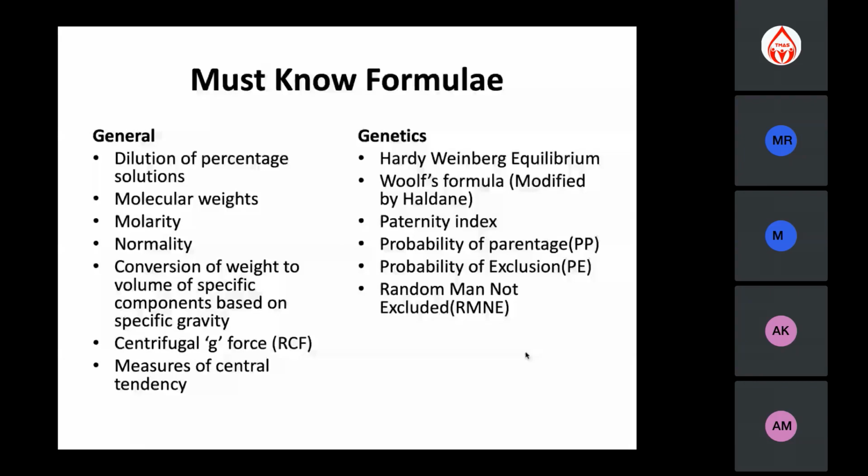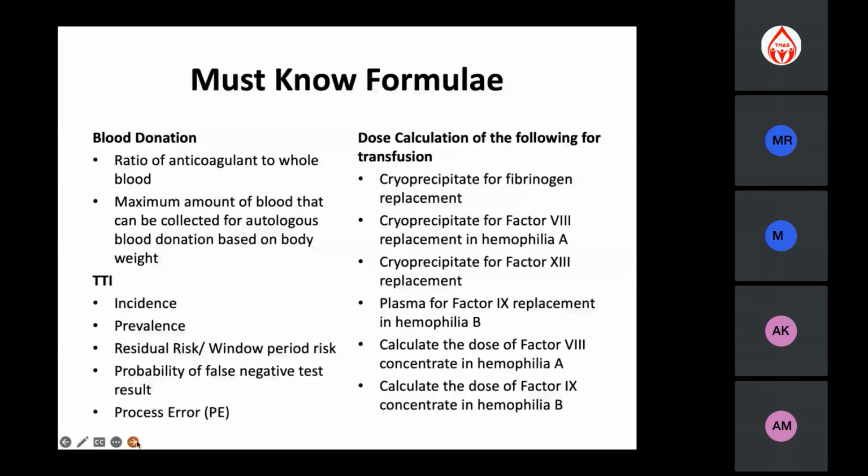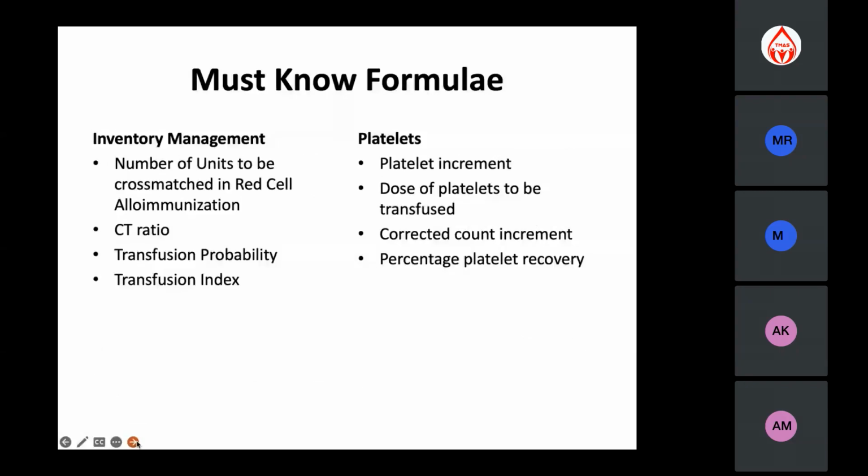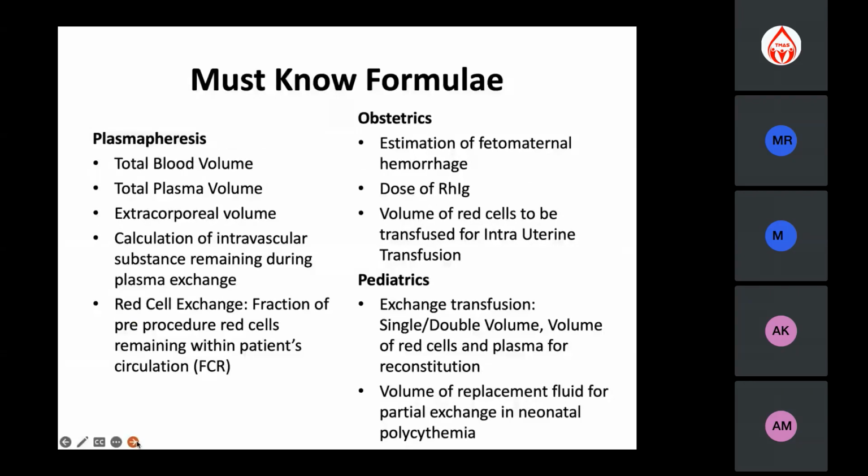We need to know about blood donation, the anticoagulant required and maximum volume; with respect to TTI, the incidence and prevalence, residual risk or window period risk; then dose calculations for various coagulation factors as well as cryoprecipitate, inventory management like cross-match and transfusion ratio, which we discussed, platelet increment and platelet recovery, and the blood volume requirements in the apheresis procedure.